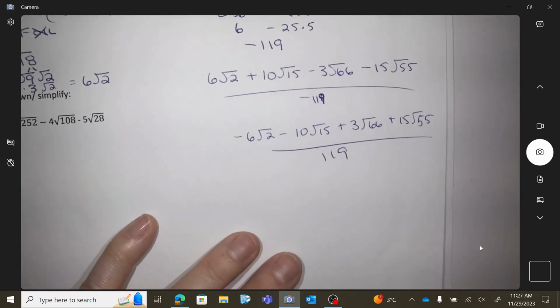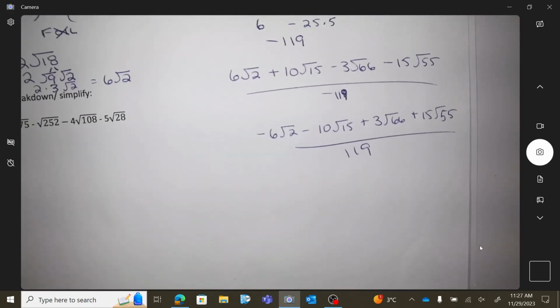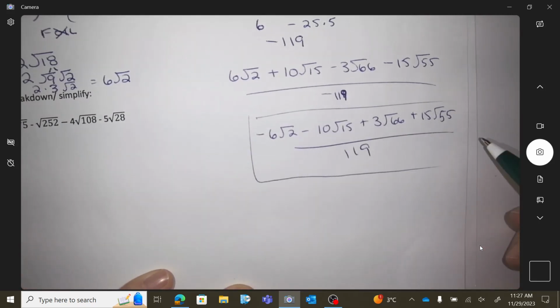So there I just changed the signs on everything, because it's weird having a fraction with a negative bottom, right? Okay, so that conjugate stuff, you can expect singles and you can expect the binomial bottoms.